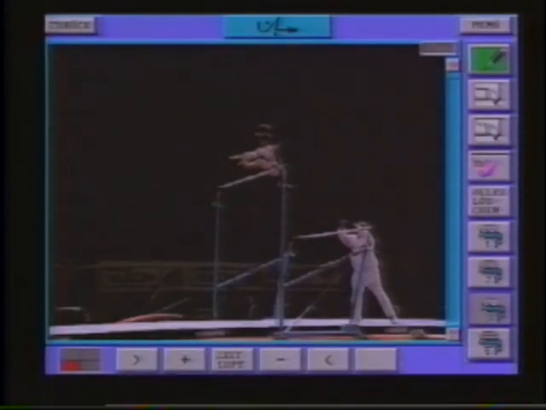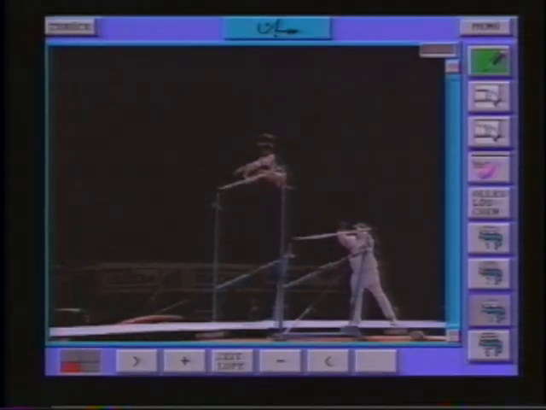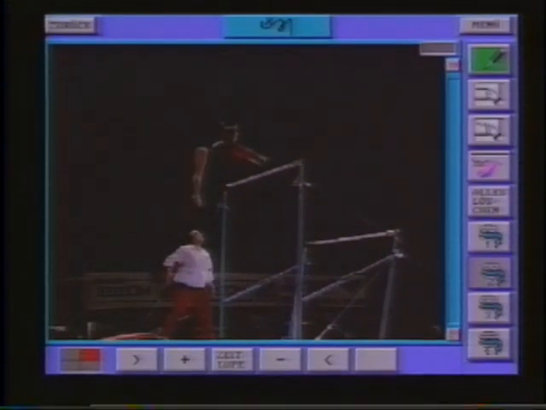Bonus points for extra D. Counter straddle from stalder backward D, deductions for deficient height and distance during the flight over, minus 0.1 to minus 0.15, bonus points for extra D.